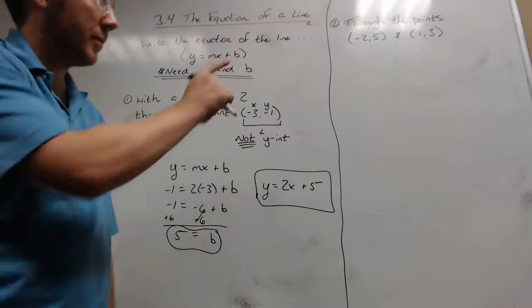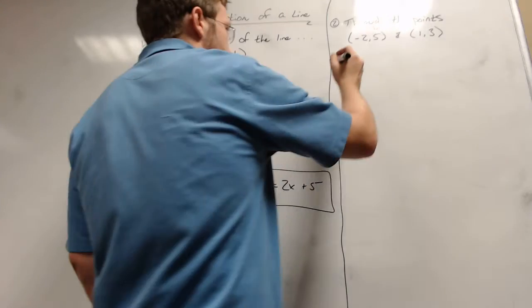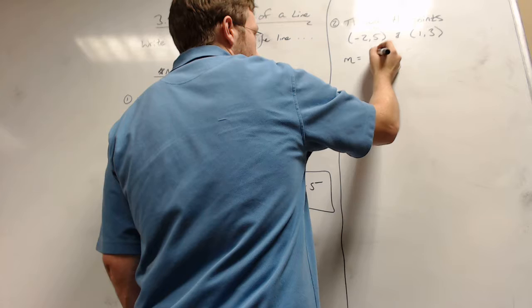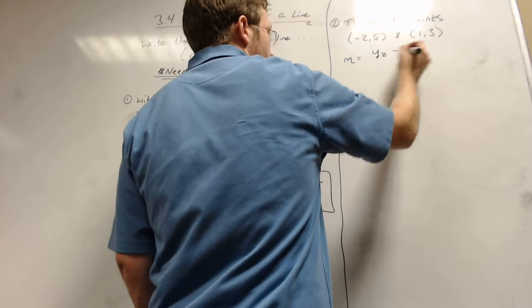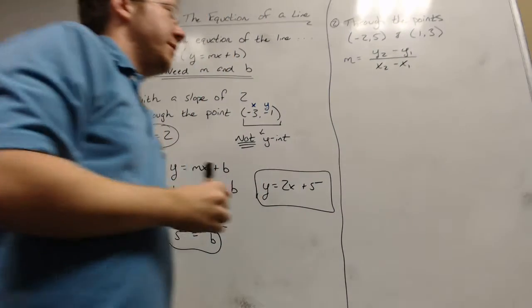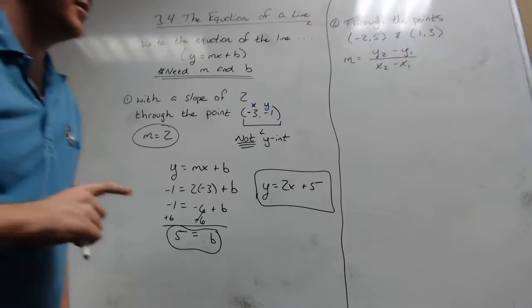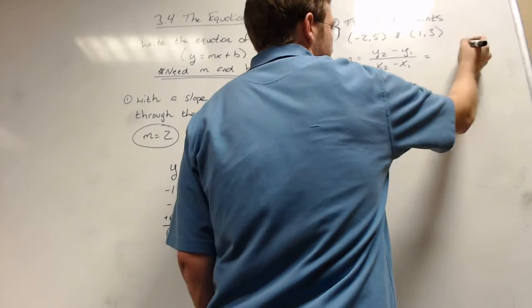Hopefully you remember, if I'm given 2 points, how do I find the slope? y2 minus y1 over x2 minus x1. When I have any 2 points, I can certainly find that slope. Remember to be careful with negatives in here.